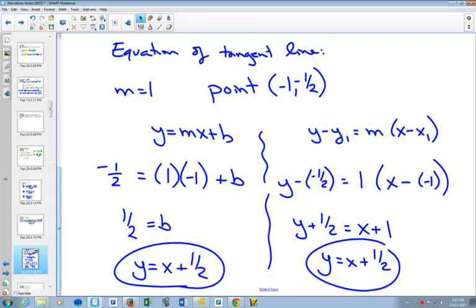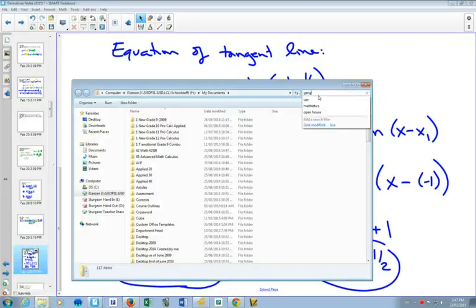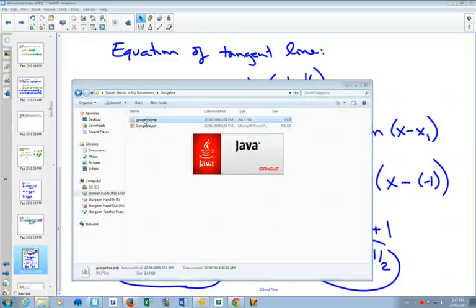I'm going to pull up GeoGebra and actually see what this graph looks like.